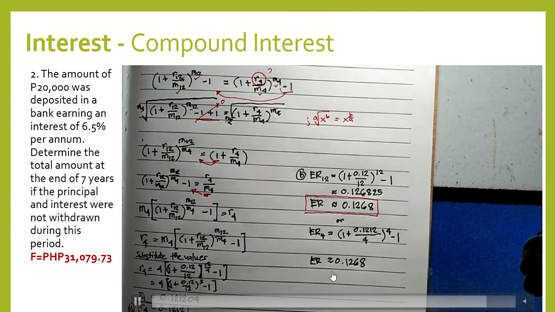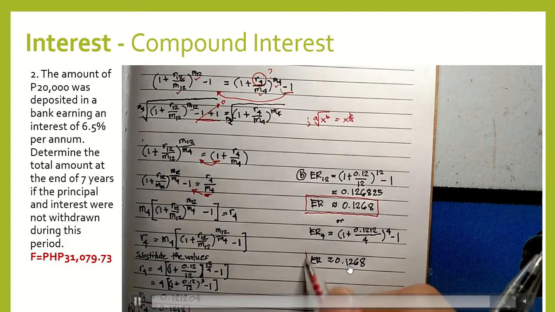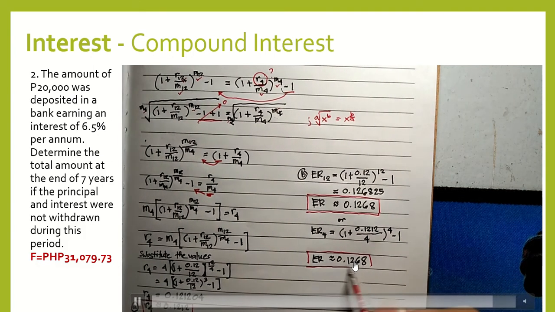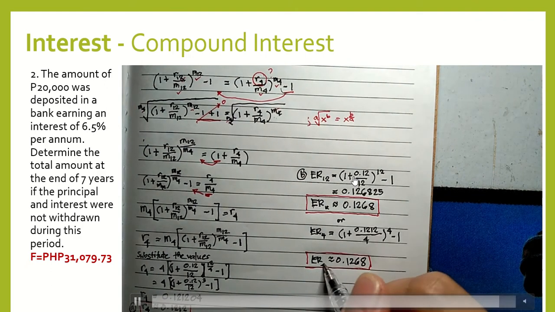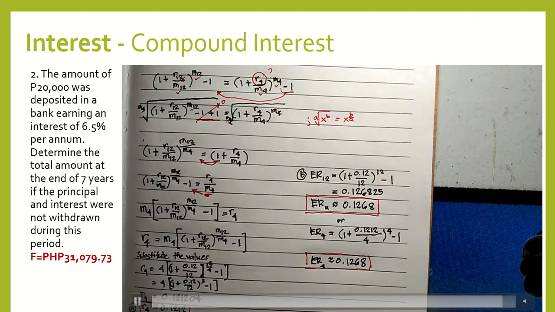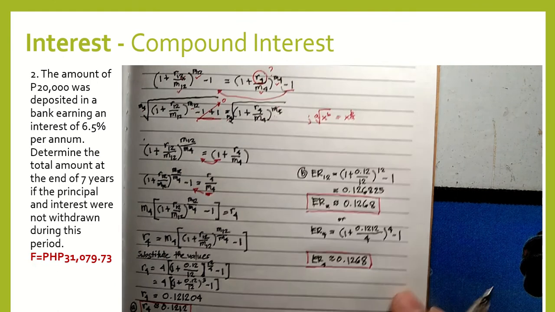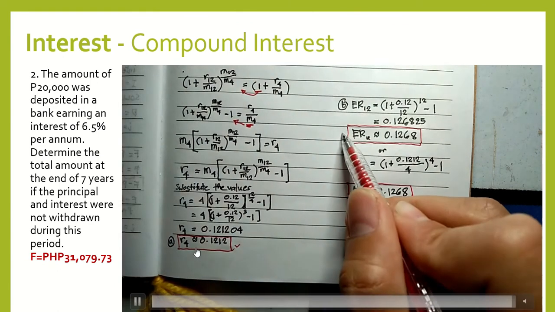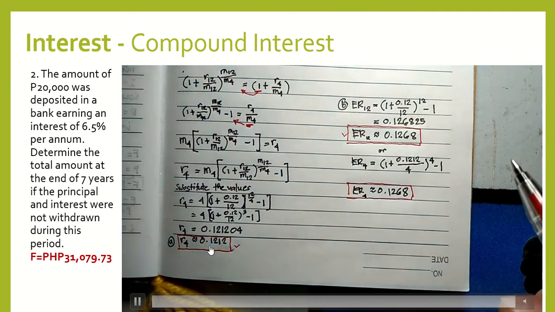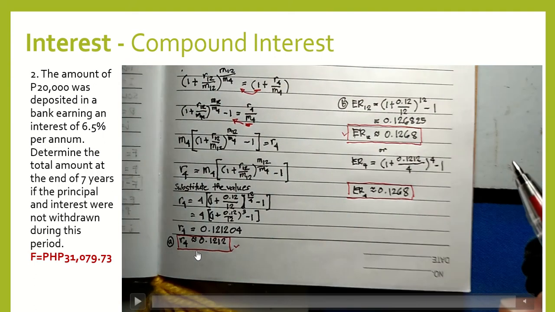That should be equal to 0.1268. Check for yourself if the solutions are correct, or if we can get the same answers. So our answers are R sub 4, or the nominal rate when compounded quarterly, is equal to 0.1212, and the effective rate is 0.1268.